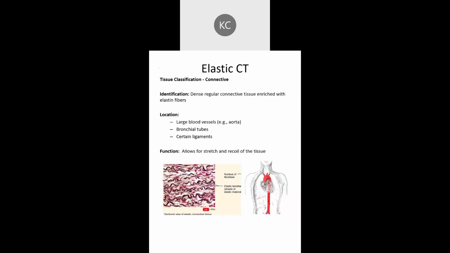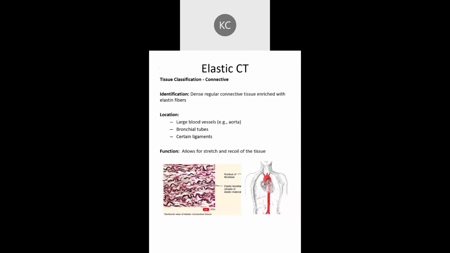So think of something like large blood vessels. So the large blood vessel coming off the base of your heart is called the aorta, and it is under an extreme amount of pressure during ventricular contraction. So when the ventricles contract, they force blood out of the heart, out of the ventricles, and into the aorta, and the blood pressure is really high, and it stretches and distends that aorta.